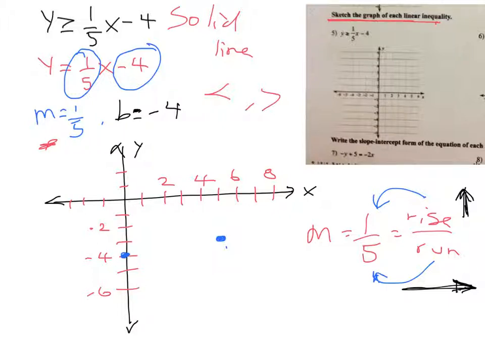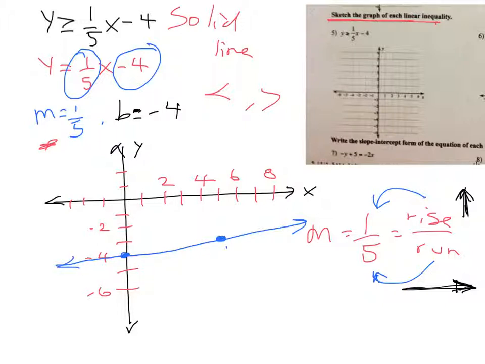Right now it's solid because I have an equal underneath. Therefore it's a solid line. So I'm going to connect my 2 points and draw a solid line. Now I'm halfway. This is my line.